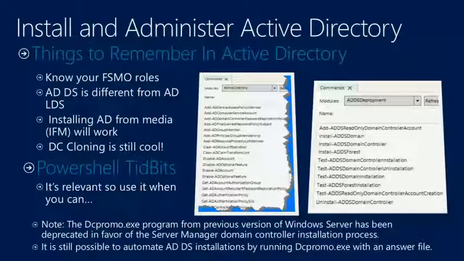It's still available, however, the suggestion is to use Server Manager to do the Active Directory install and walk through the process itself, or to use a PowerShell command that installs the Active Directory infrastructure itself. A couple of commands there you can probably see to test the installation, and also the fact that you can do it from IFM, or install from media, where you take that component to a system that's offline and do the directory install that way as well.